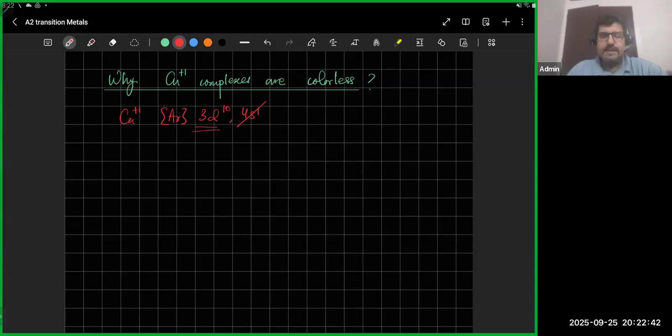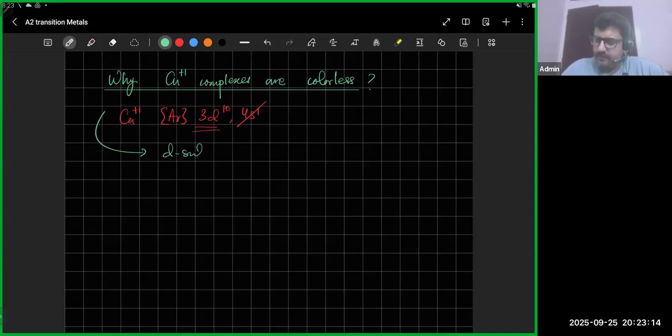So even if the d-subshell splits because of ligands approaching it, the electrons cannot move between the d orbitals because all of them are full. There's no empty space. If they try to go from the lower d orbital to the higher energy d orbital, all of the orbitals are full, so there's no space to jump around. So the answer is pretty simple. Why are they colorless?